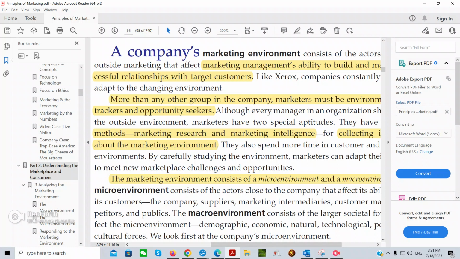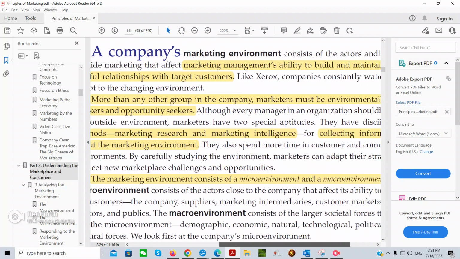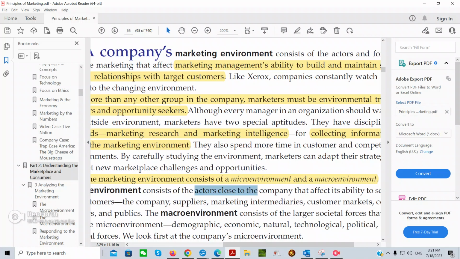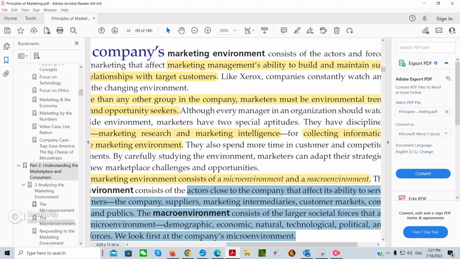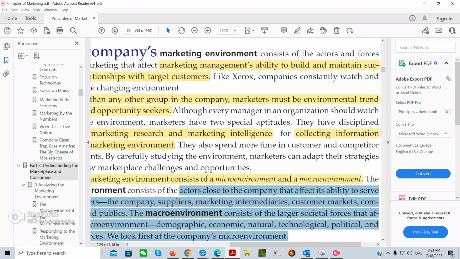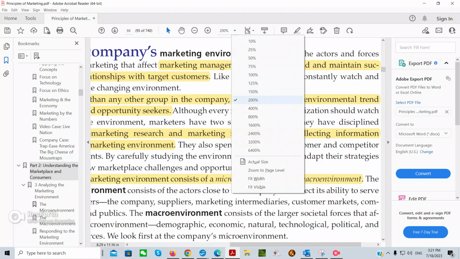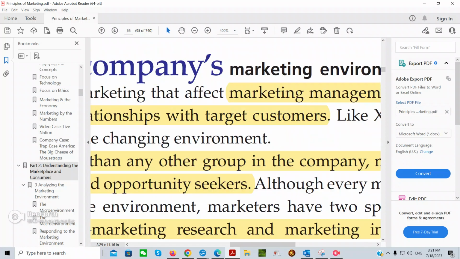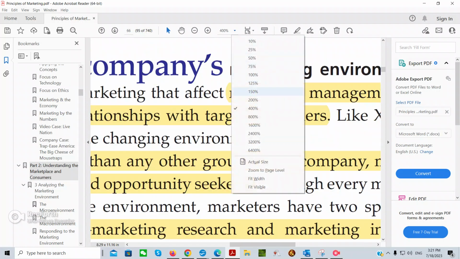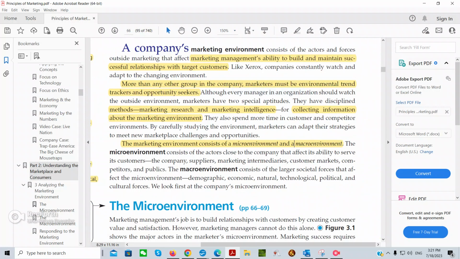Now, as we talked about, the microenvironment consists of actors close to the company. This is internal. Actors close to the company that affect its ability to serve its customers. Okay.